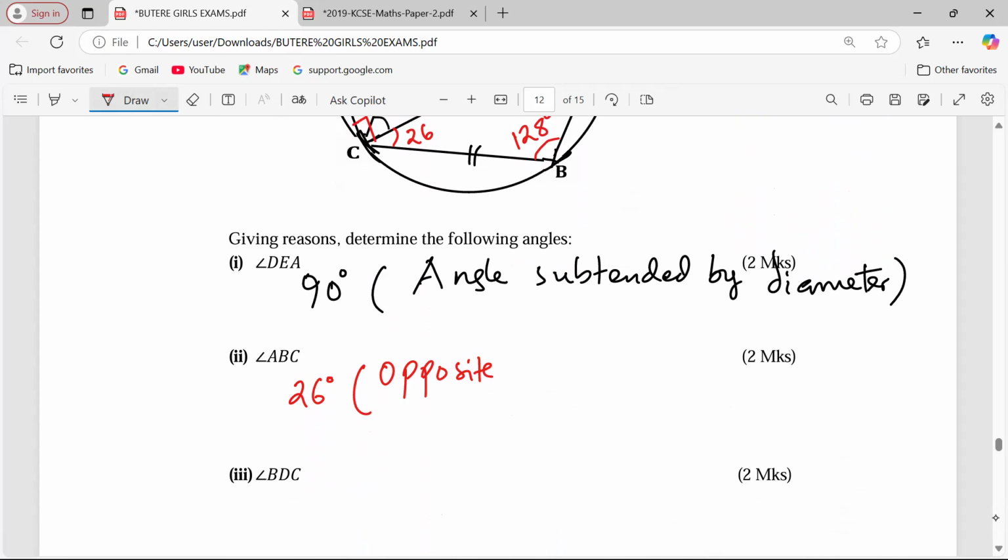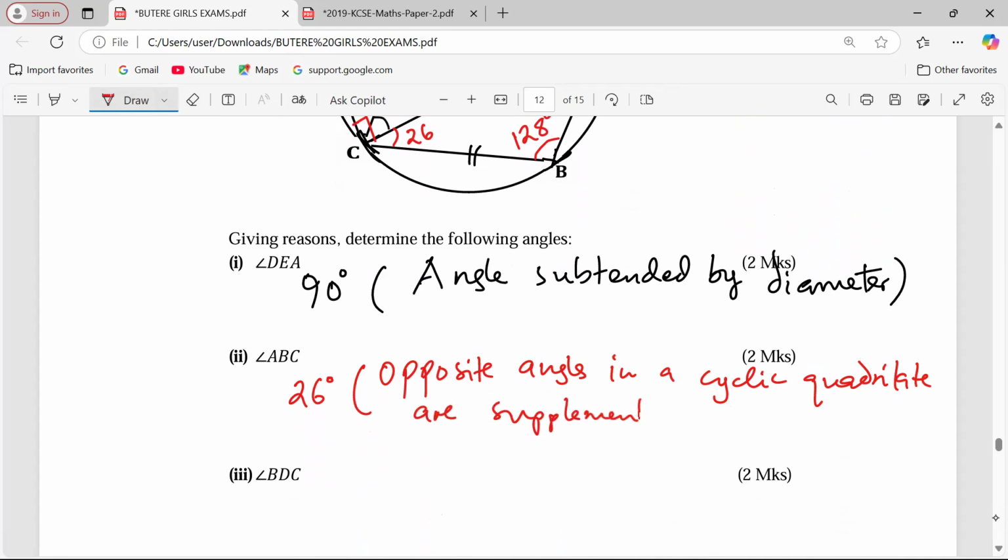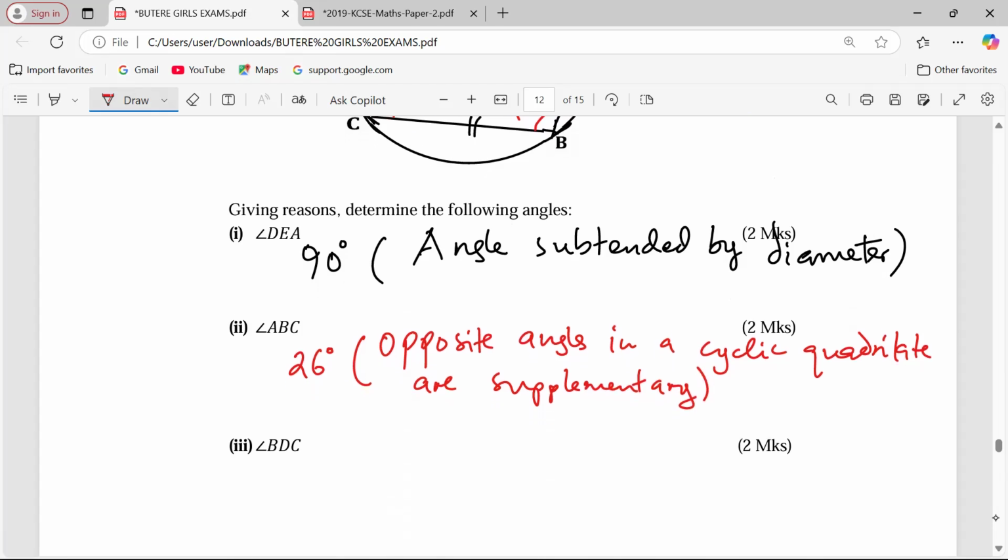Opposite angles in a cyclic quadrilateral are what? Supplementary. They are supplementary. So that is the concept we have applied.